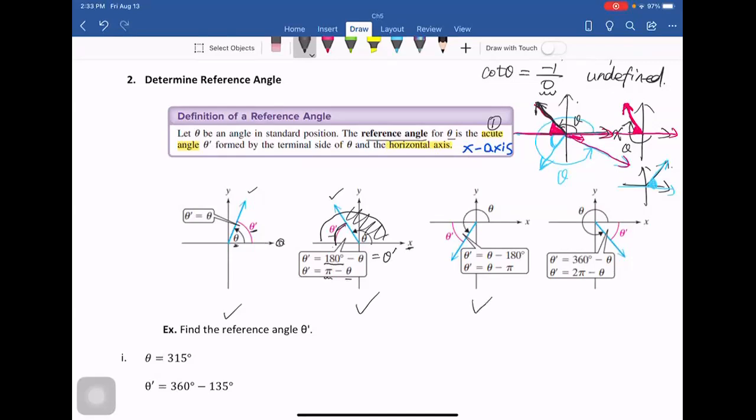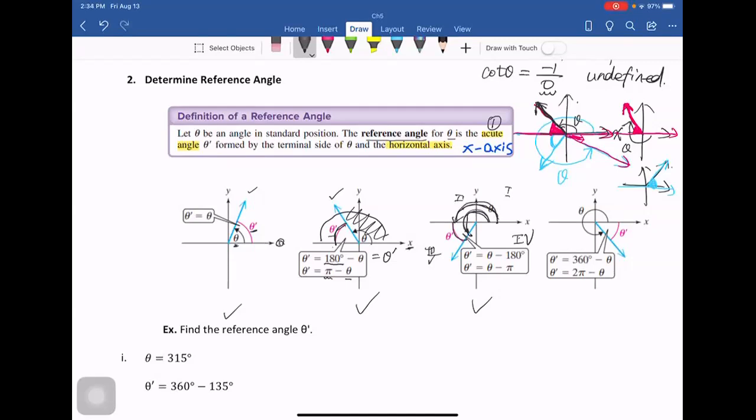Next picture, if in the third quadrant, 1, 2, 3, 4. In the third quadrant, theta prime equals theta, subtract 180. So all of this, subtract this part, that's the theta prime.